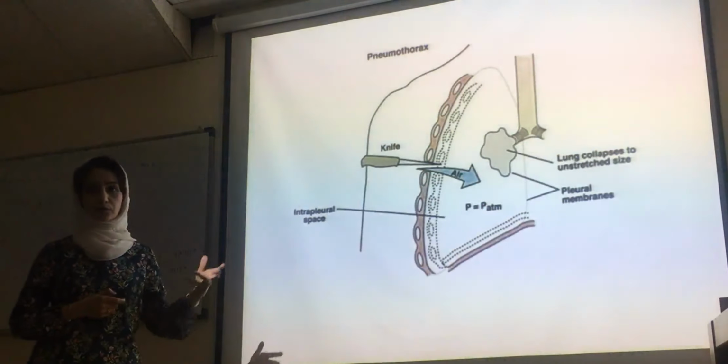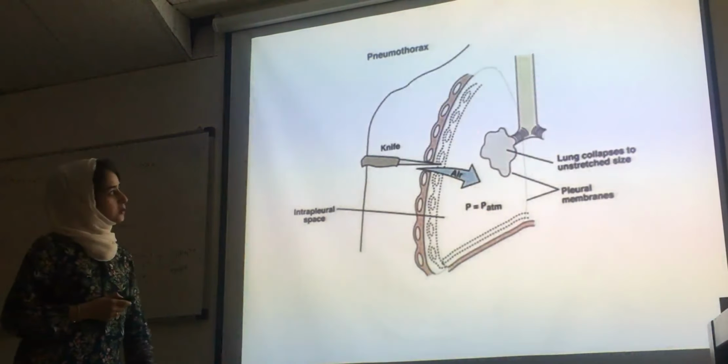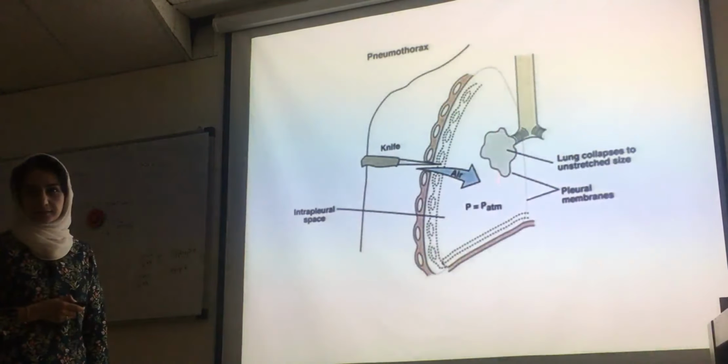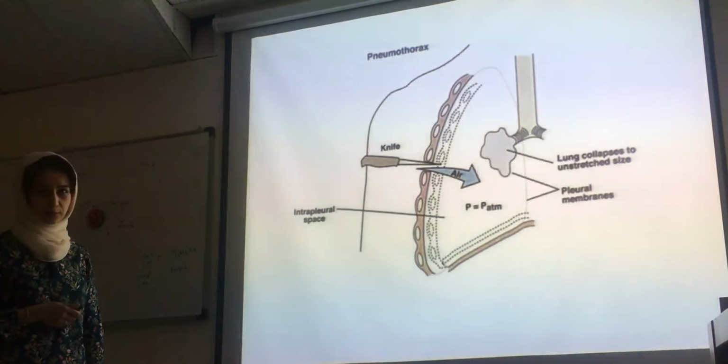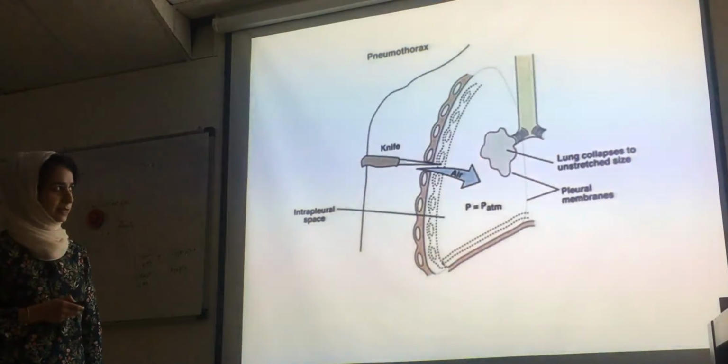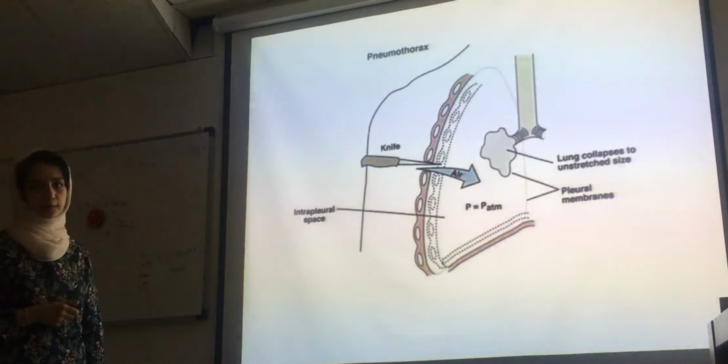So it depends on the amount of air entered, the size of the opening and the duration. You remember we said pleural pressure should always be less than alveolar pressure, but here the pleural pressure becomes like that of the atmosphere, very high. That's why it will cause collapse of the lung.